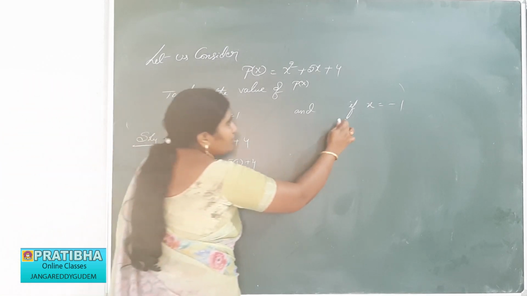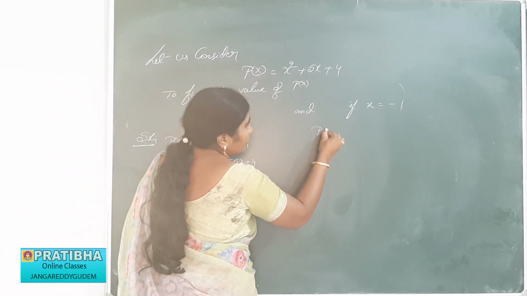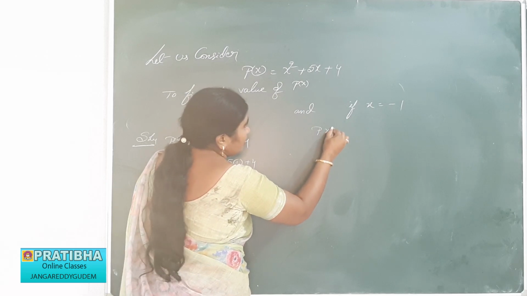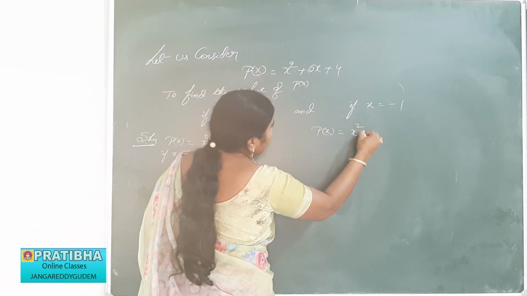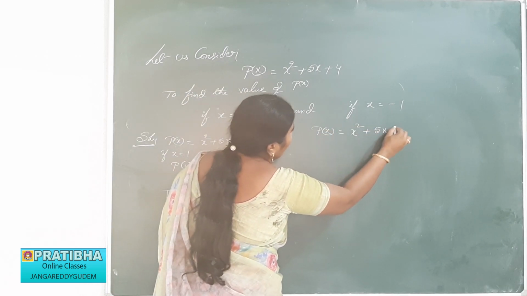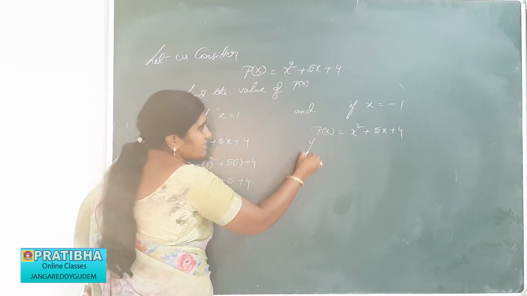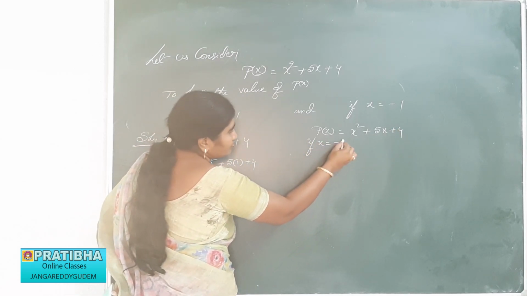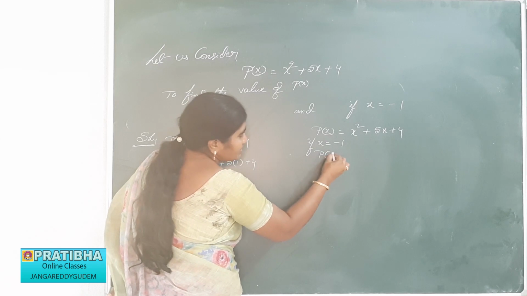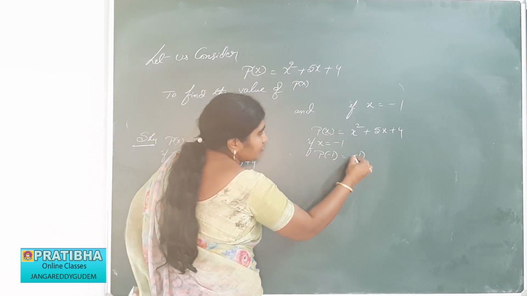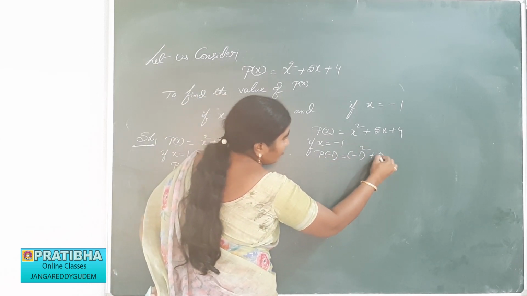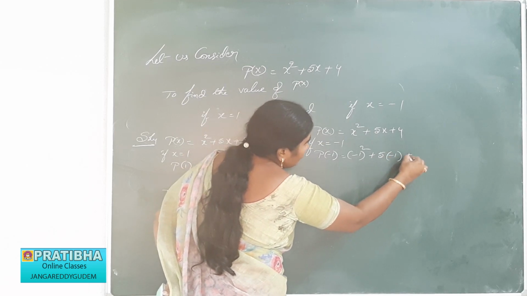If x equal to minus 1, p of x equal to x square plus 5x plus 4. p of minus 1 equal to minus 1 whole square plus 5 into minus 1 plus 4.